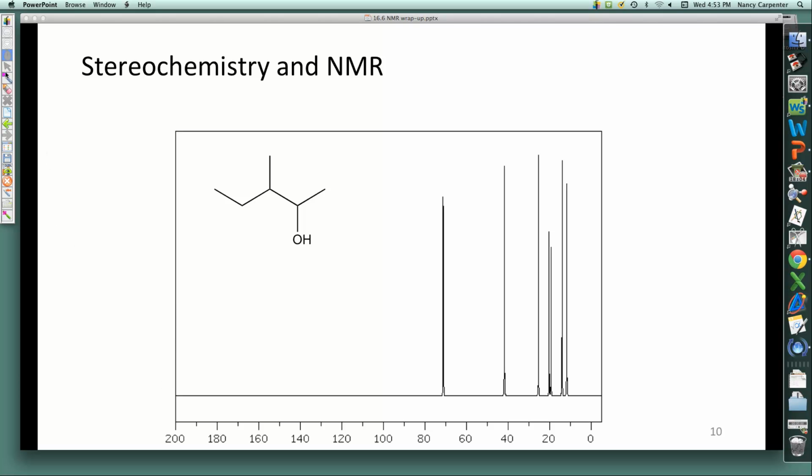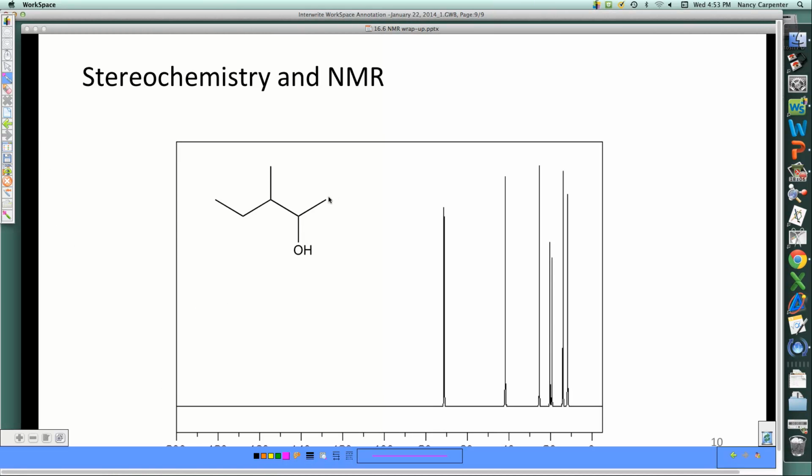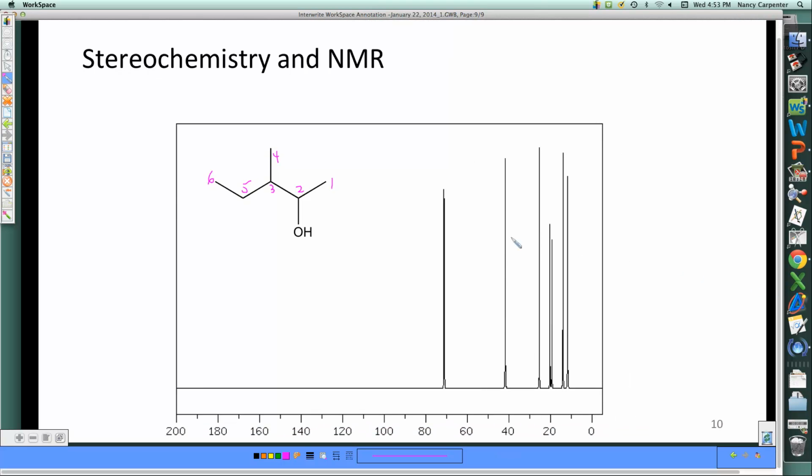If you look at this molecule, I'd say it has 1, 2, 3, 4, 5, 6 carbons. Well, I'm showing you the C13 spectrum here. And if you look, we see 1, 2, 3, 4, 5, 6, 7?